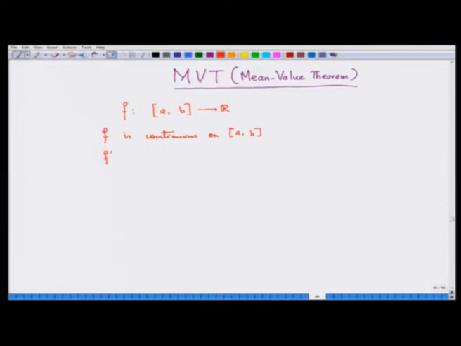Then assume that f', the derivative, exists on the open interval (a, b). Then, I am writing in red, it is so important.